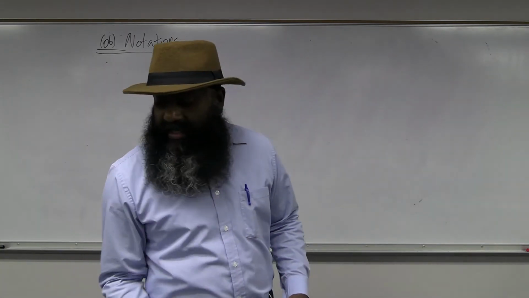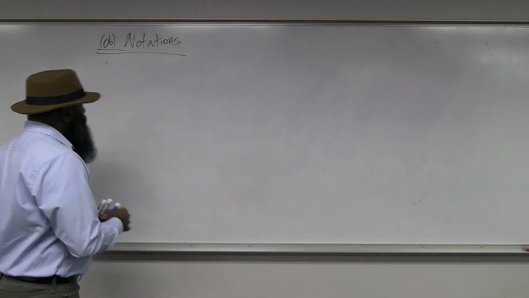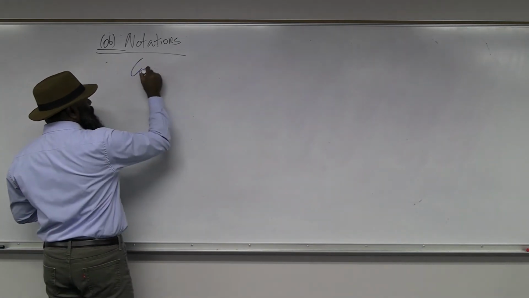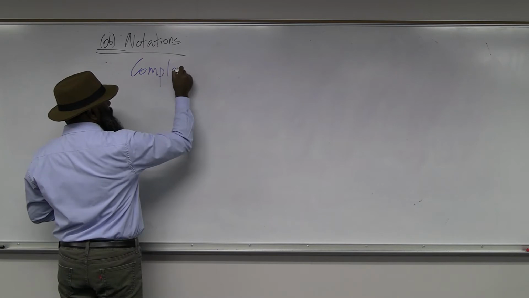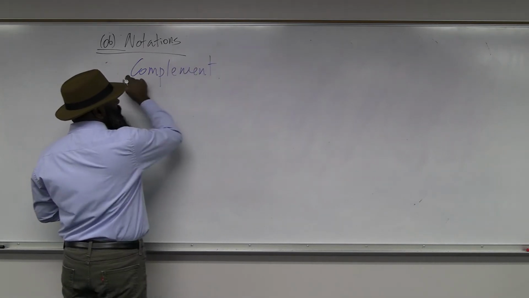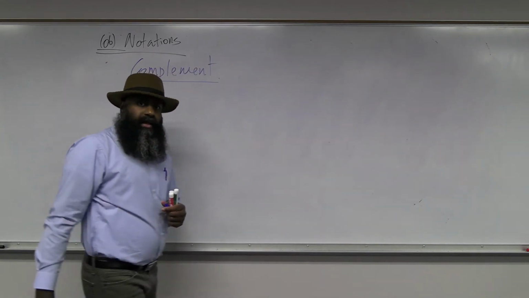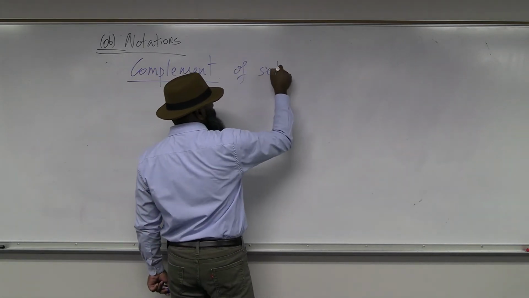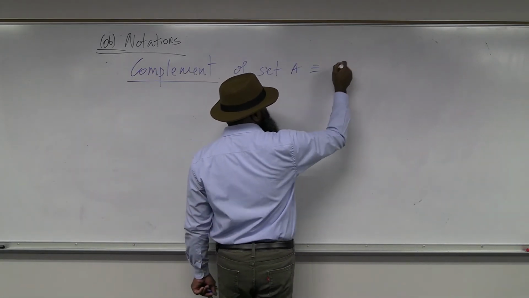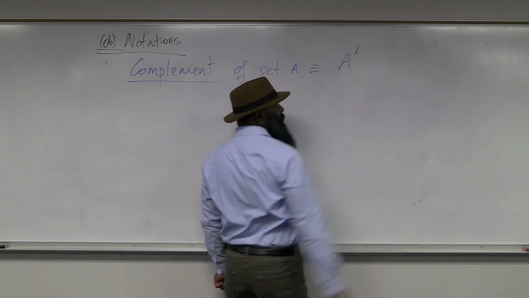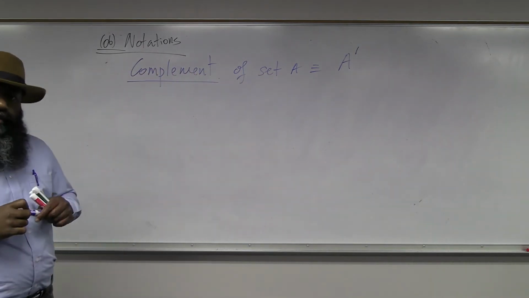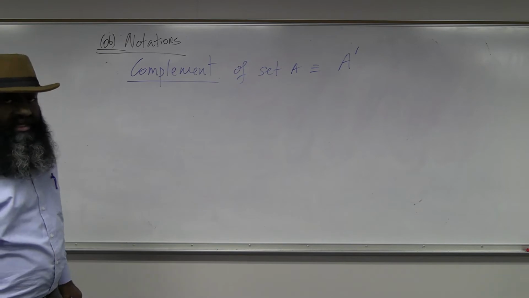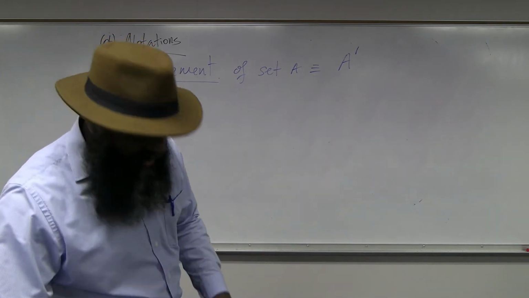So the next part is complement. Pay attention to the spelling. It's complement, P-L-E. The complement of set A is written as A prime, like that. So let's see what we mean by the complement.